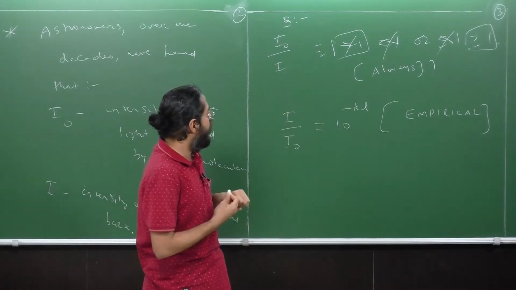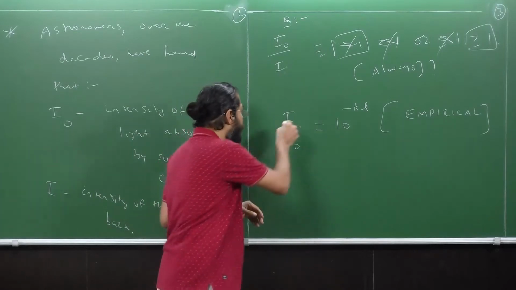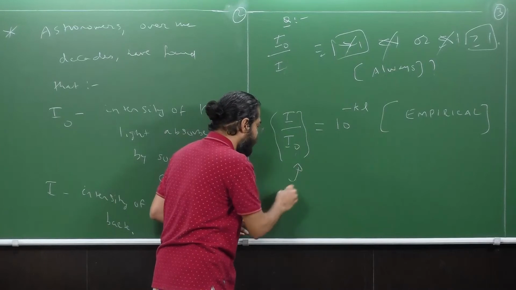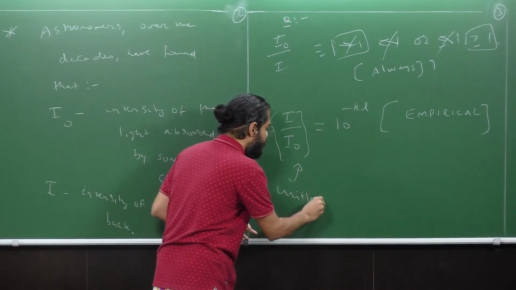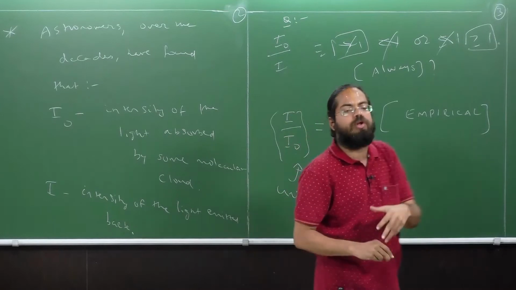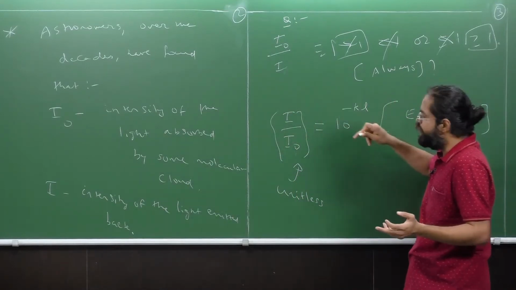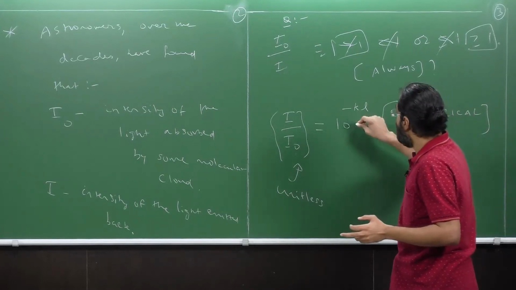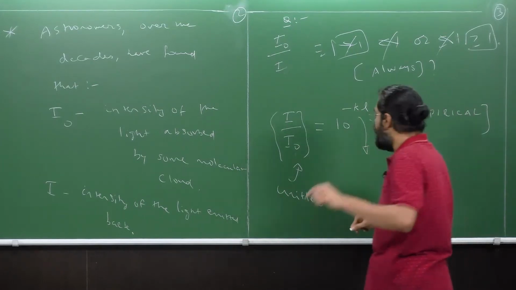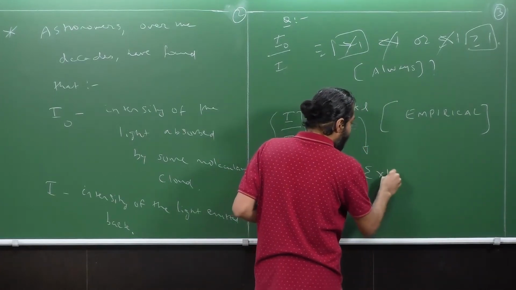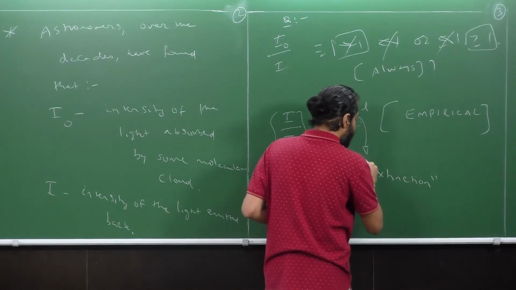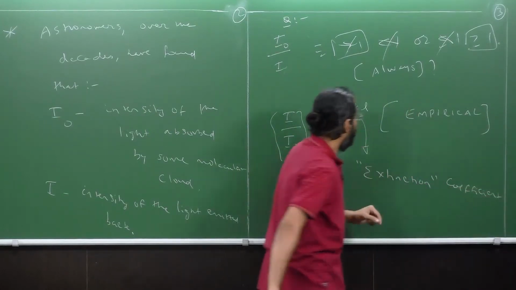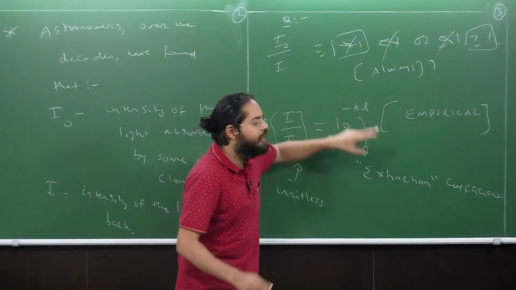Now, if you think about it, this I by I naught is of course going to be unitless because both are intensities. This is a number on the RHS. Overall, it should be unitless, 10 to the power something. And your K is going to be what is called an extinction coefficient, and it has units of per length.